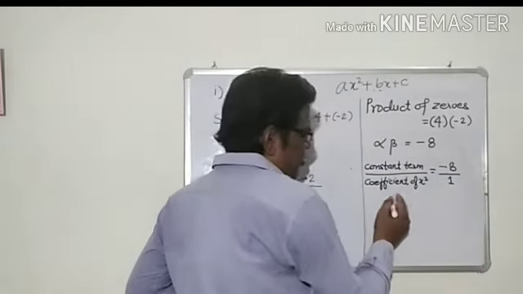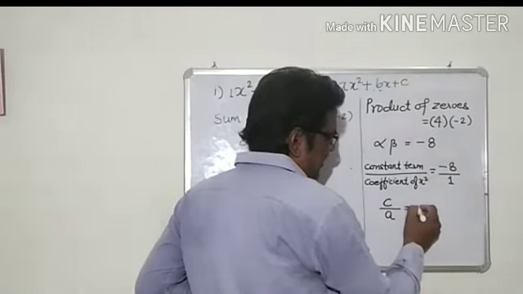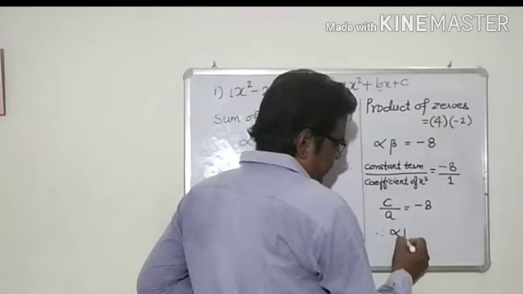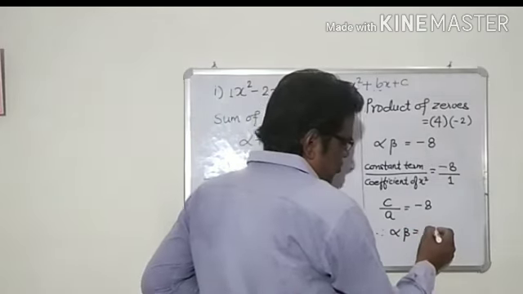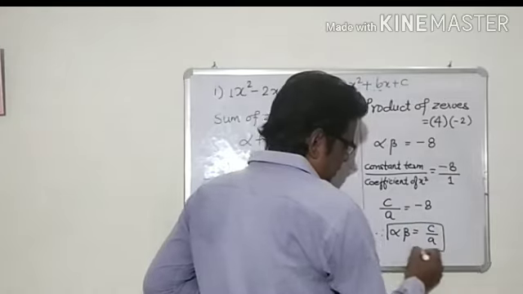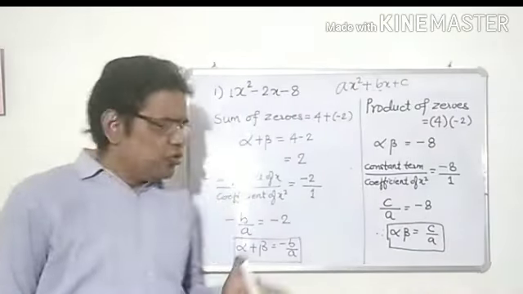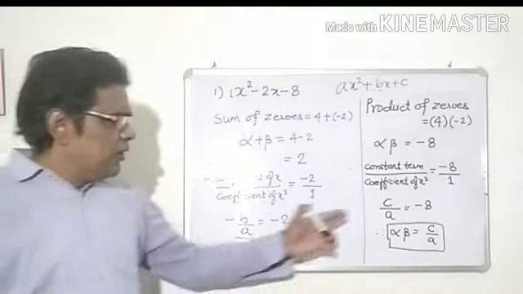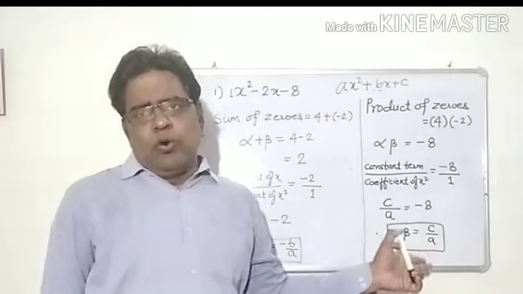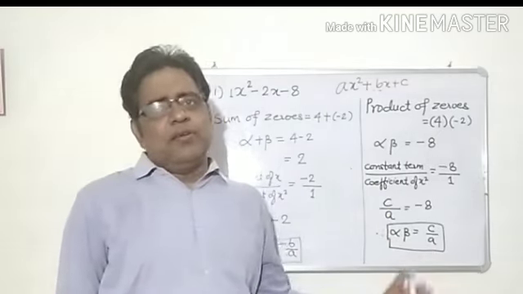So constant term, that is c, and coefficient of x square, that is a, gives you minus 8. So you say therefore alpha beta equals c upon a. So this is also verified. We verified both of them. The sum of the zeros is coming, and the product of zeros is also coming to be what we have been taught. So finally you write hence verified.